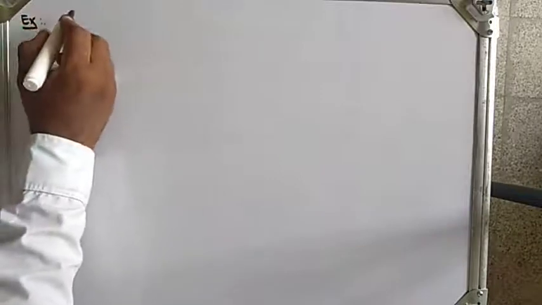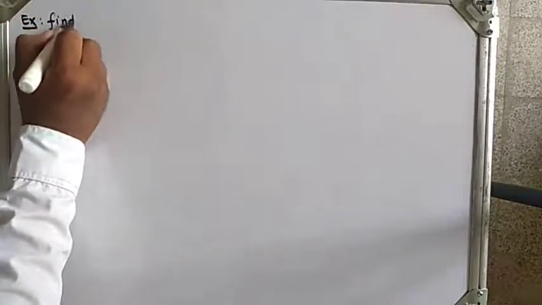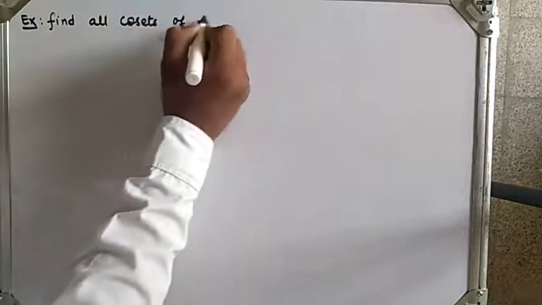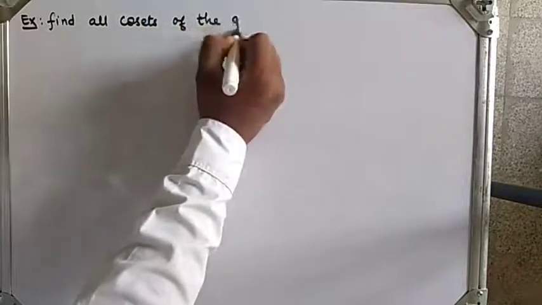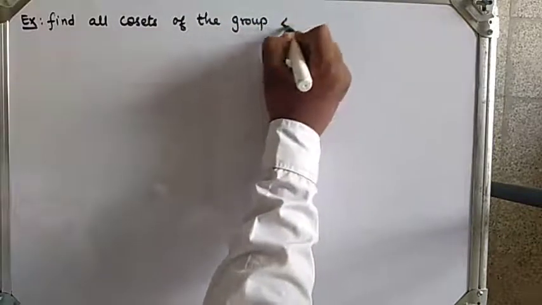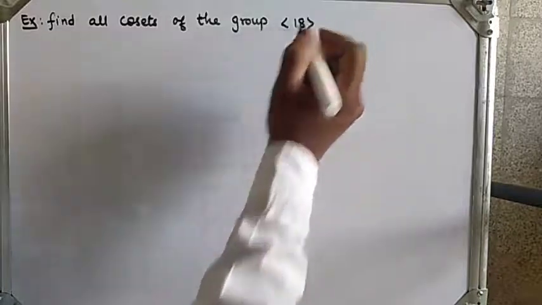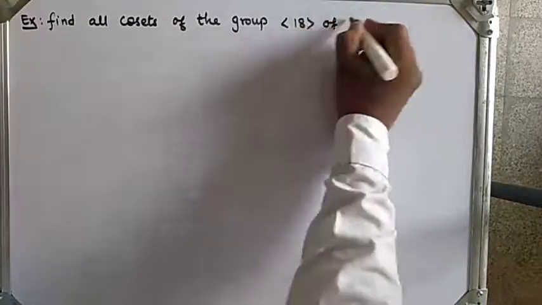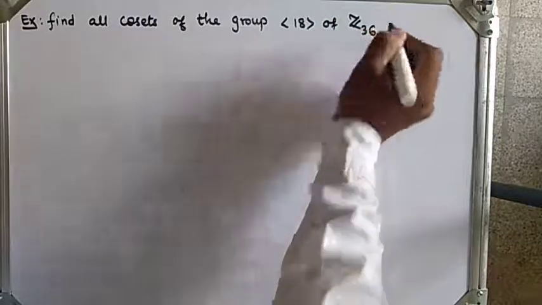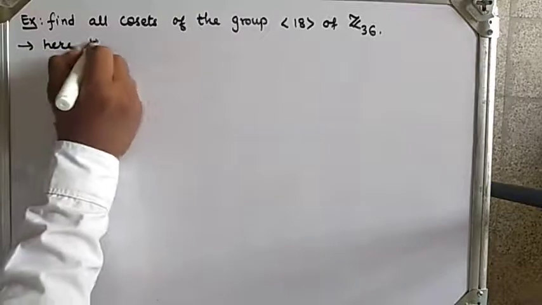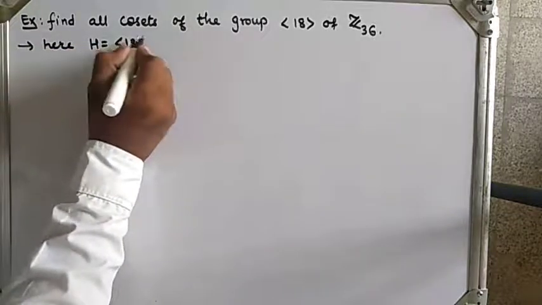So let's see examples. Find all cosets of the group generated by 18 of Z36. Here we are given H, the subgroup generated by 18.